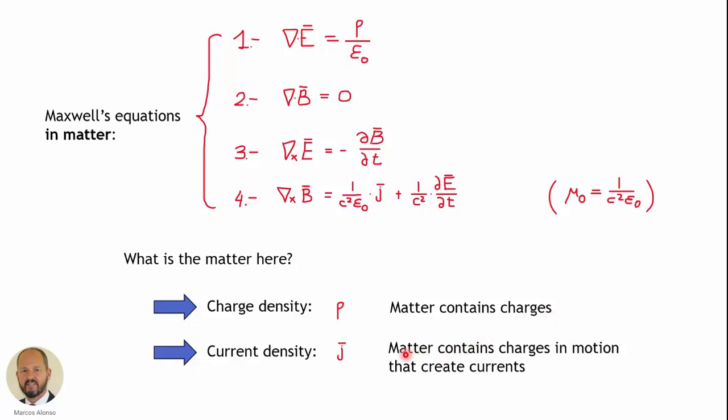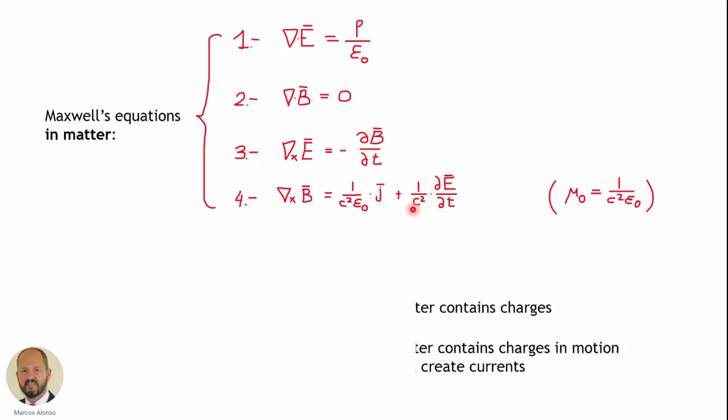And also matter contains charges in motion, and these charges in motion are going to create currents. So we are going to have a current density that appears here in this equation. The other terms of the equations are just the electric field and the magnetic field, so they are not related with the characteristics of the matter itself.